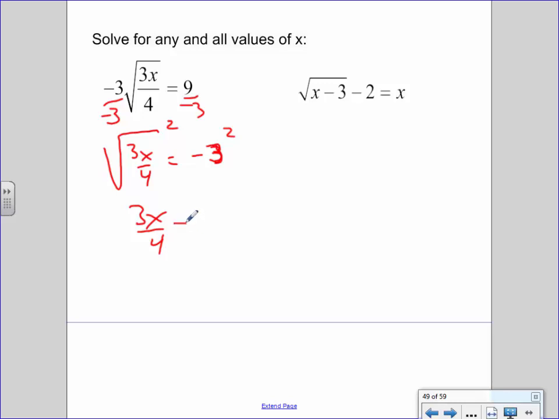Positive 9, though, right? What kind of solution are we going to get here? A linear one or a quadratic one? Do we have x's or x squareds? Just x's. So why don't we times the 4 up over here and make it 3x equals 36. Divide by 3, x actually equals 12.